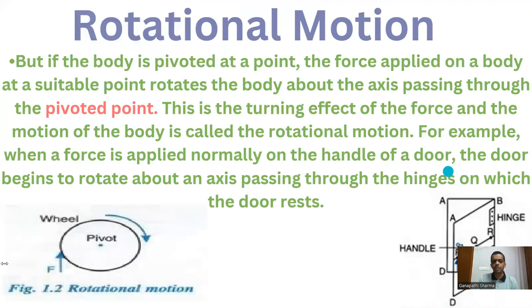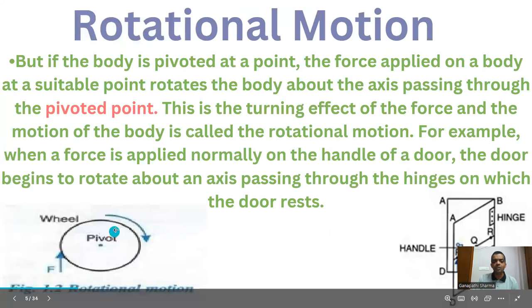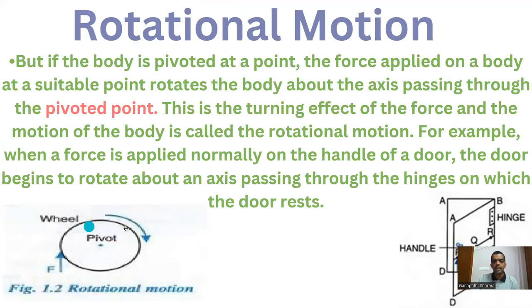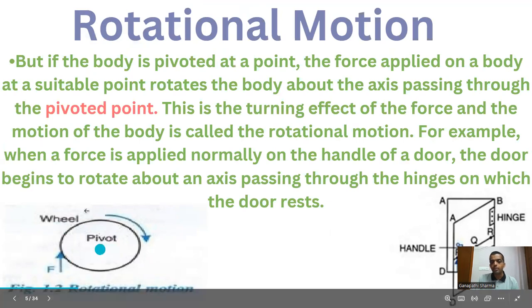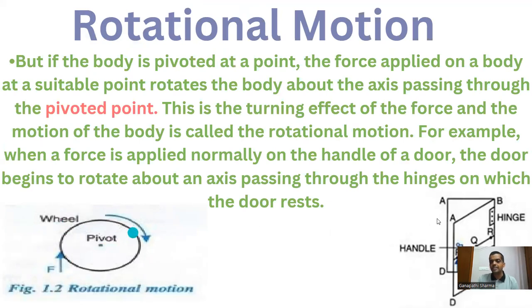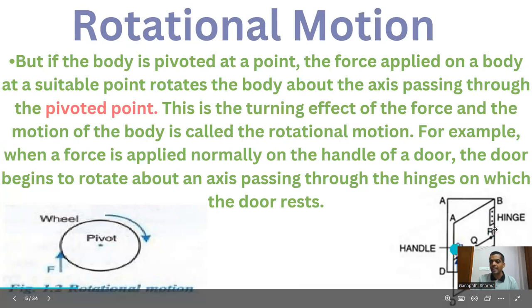Suppose the same body has an axis of rotation, what happens? When the force is applied, because of the pivot, the body starts rotating. The best example in our everyday life you would have seen is the door and its hinges. The hinge is an axis. The handle is given at one particular corner, far away from it, at a perpendicular distance.